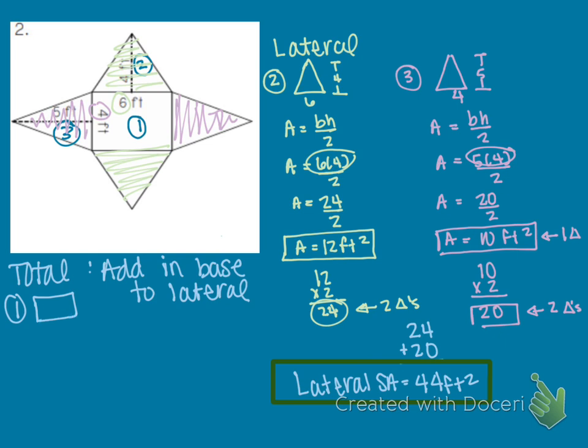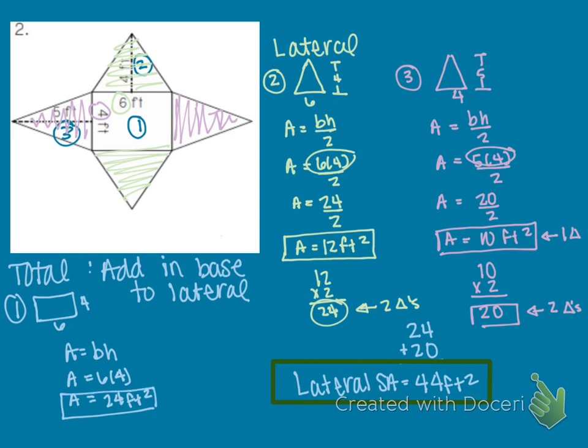It's that rectangle of a 6 and a 4. So a rectangle's area is A equals base times height. And then your base times height is 6 times 4. And then 6 times 4 is 24 feet squared.